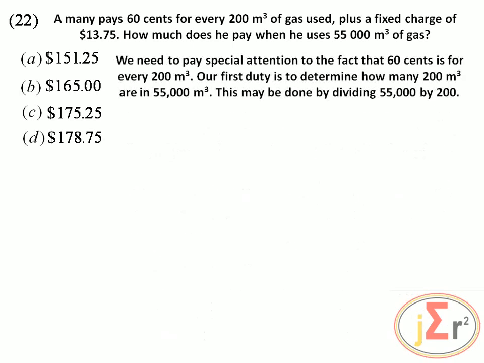We need to pay special attention to the fact that 60 cents is for every 200 meter cubed. Our first duty is to determine how many 200 meters cubed are in 55,000 meters cubed. This may be done by dividing 55,000 by 200.